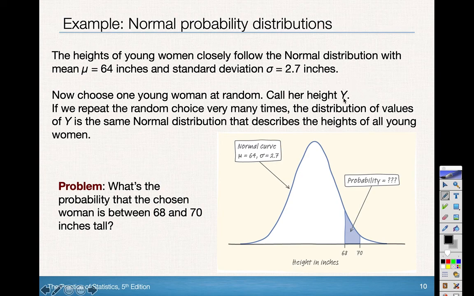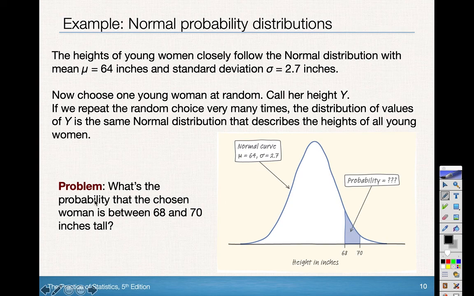We're going to find the probability of one person's height Y. If we repeat the random choice many, many times, see this whole chapter just says many, many times in repetition, the distribution of values of Y is the same normal distribution that describes the height of all young women. Many repetitions creates a repeated curve for all.